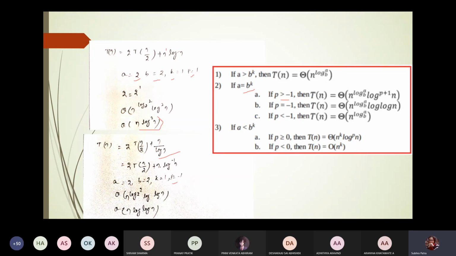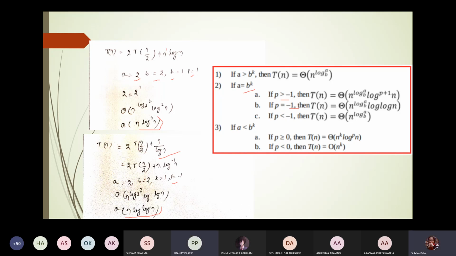If P equals minus 1, then this is the case. So we have to take n raised to log A base B multiplied by log of log n, right? So this has become 1. So n log of log n.